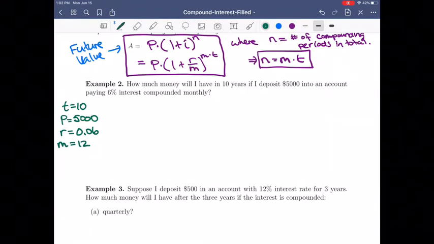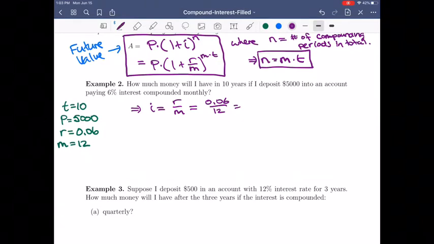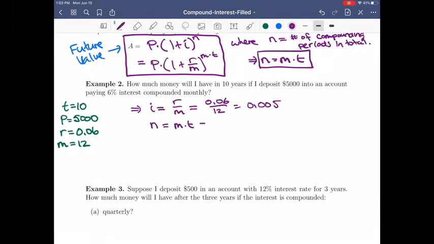So we might want to compute the i. i is r over m, so that's going to be 0.06 over 12, which is 0.005. And n is m times t, so that's 12 times 10, or 120. So our A value, maybe I should move this up a little bit.